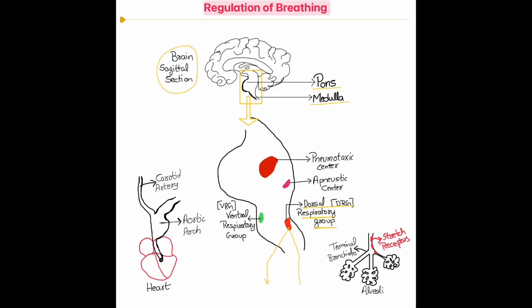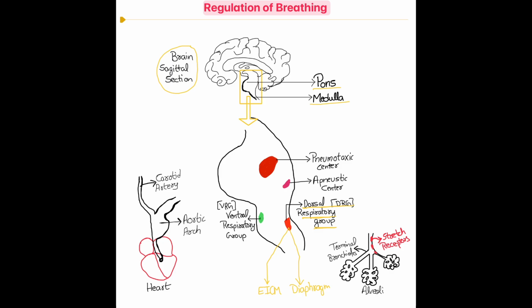It gives its impulse to the external intercostal muscles and diaphragm. Because of this, the external intercostal muscle contracts and the diaphragm contracts, and because of this, inspiration happens.